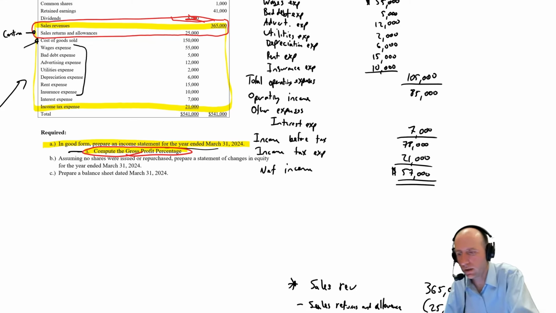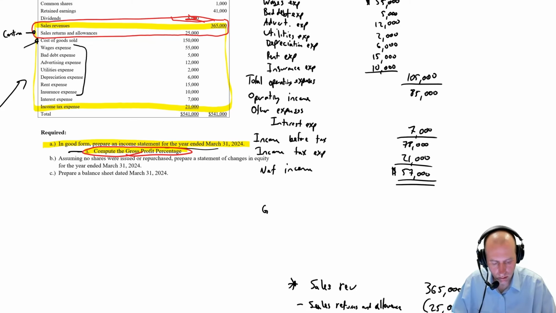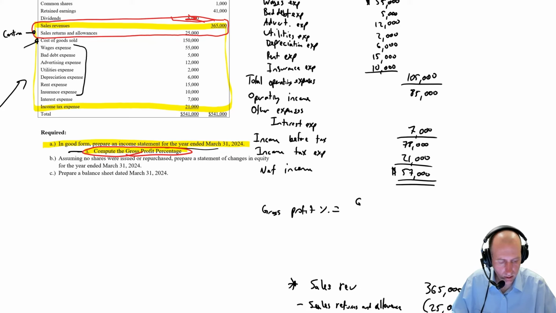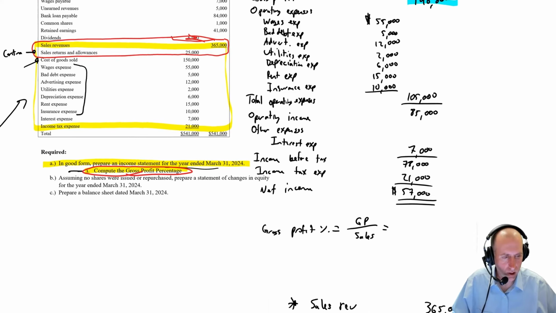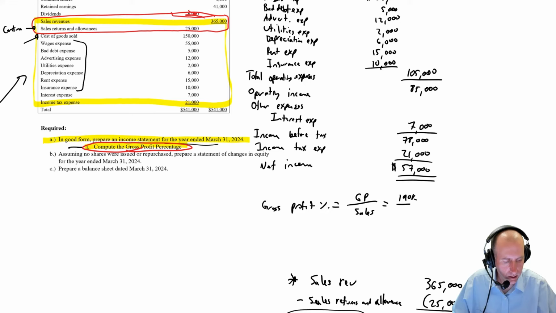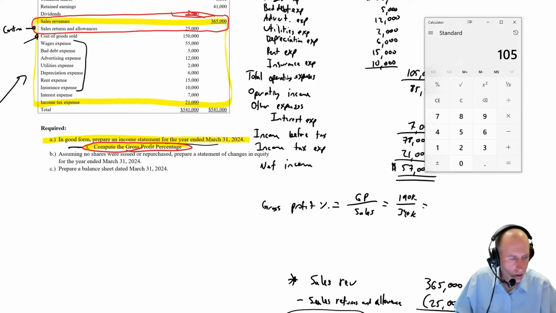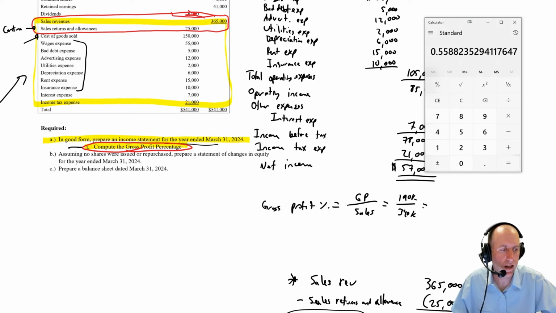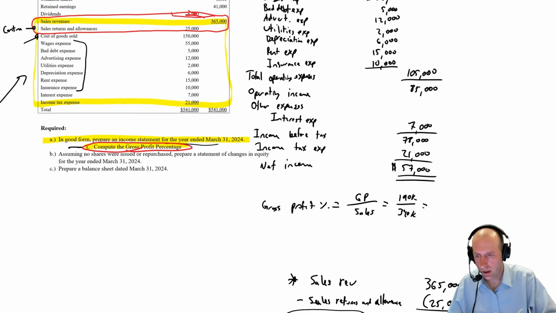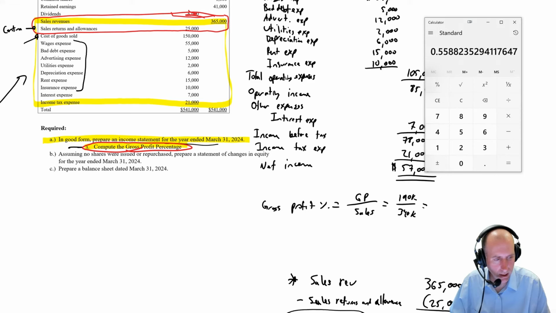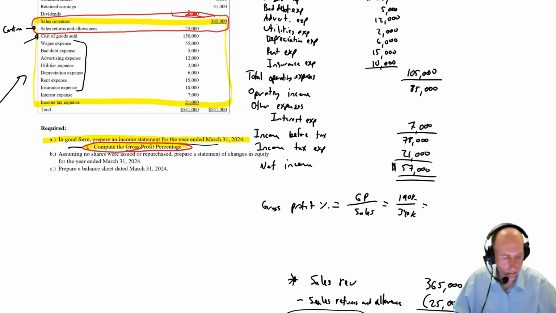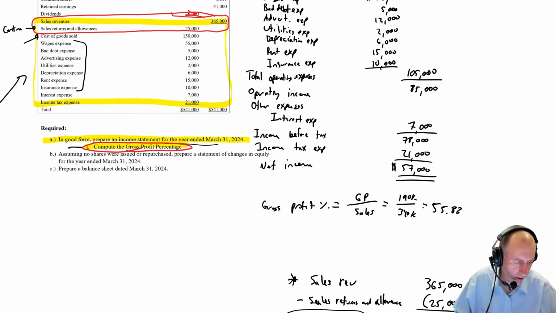So gross profit percentage equals gross profit divided by sales equals 190 divided by 340, and this will be a percentage, of course. 0.5588, 55.88%. I think I said the wrong number earlier.